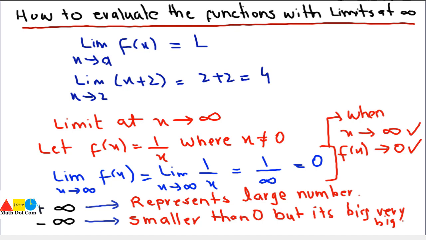Let's have an example of evaluating a function at infinity. If you are given a function f of x equals 4x, and you have to evaluate this function at infinity, what will you do?